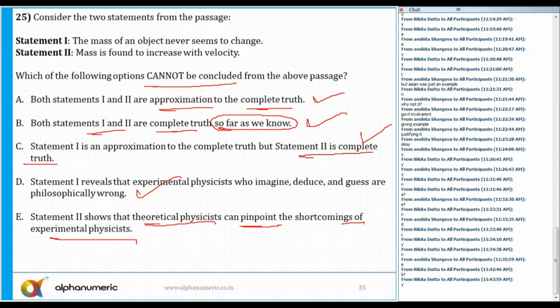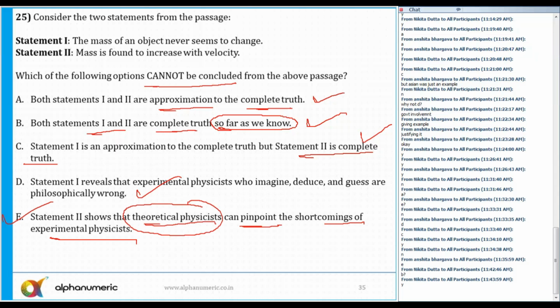So, can theoretical physicists tell us the shortcomings of experimental physicists? No. Number E is the answer. We cannot conclude. All the others, we can make a conclusion whether they are right or not right. It is only number E where we cannot say anything.